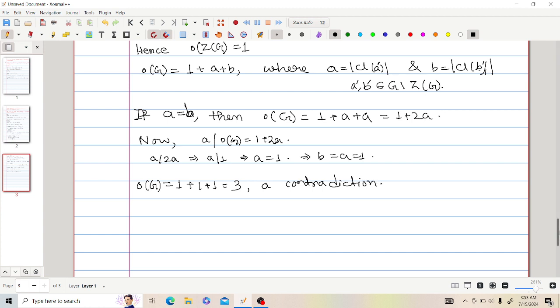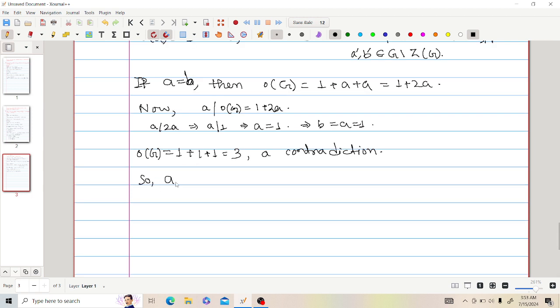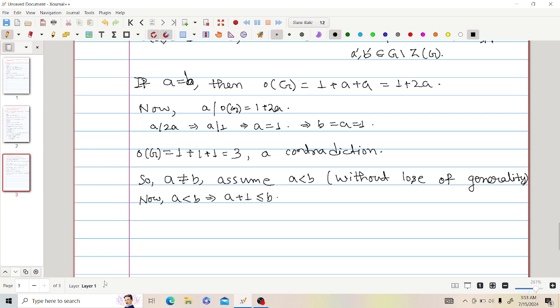So A is not equal to B. We assume, without loss of generality, A is less than B. Since A is less than B, this implies A plus 1 is less than or equal to B. Now in this case, class equation is order of G is equal to 1 plus A plus B, and B divides order of G by the previous discussion.